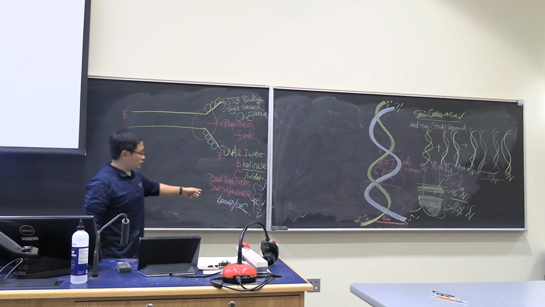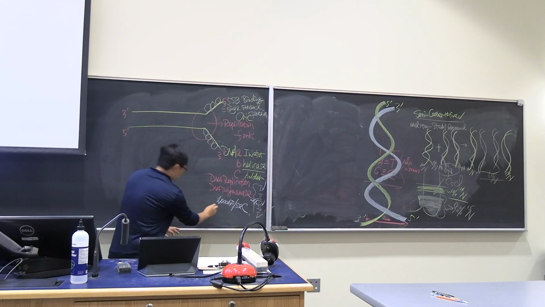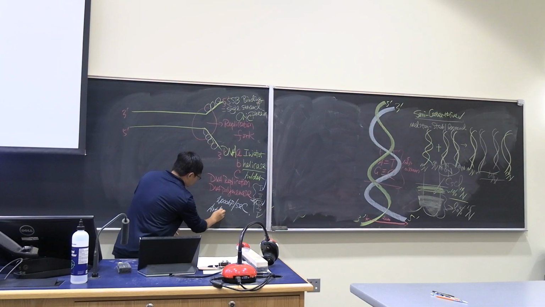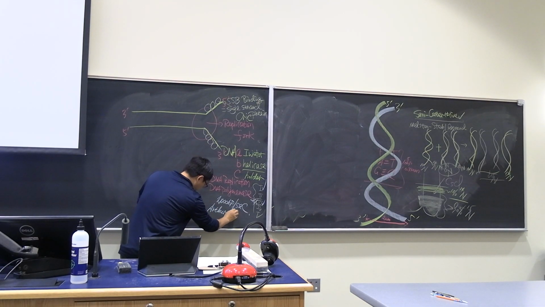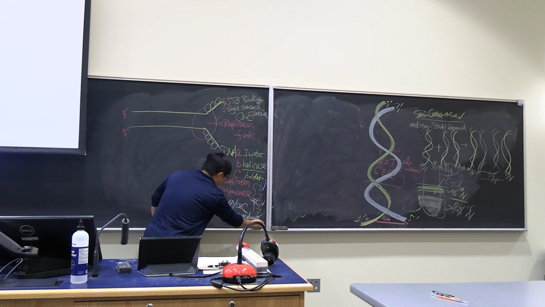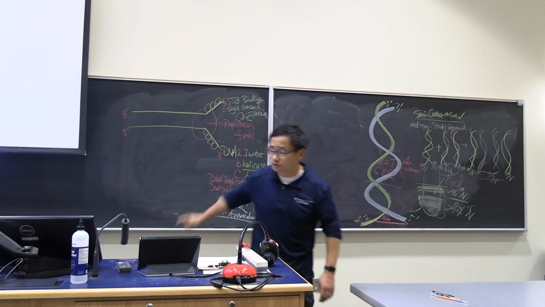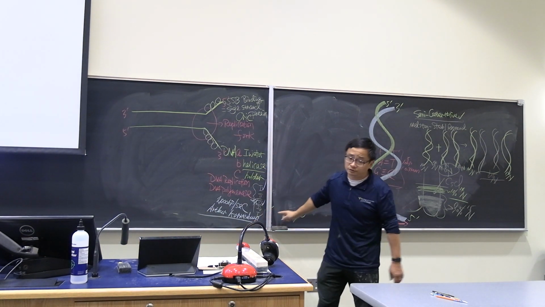And the person who discovered DNA polymerase is Arthur Kornberg. He is a great American molecular microbiologist, and he was also awarded a Nobel Prize in the 1950s.